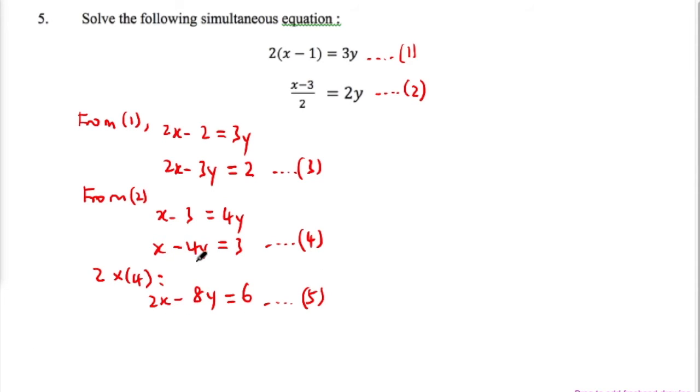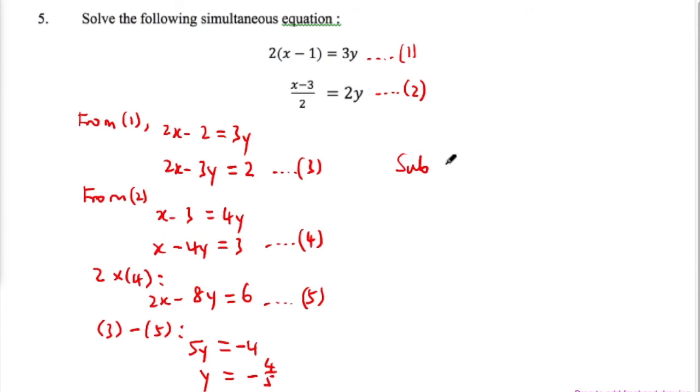Next, I take equation 3 minus equation 5. We have 2x minus 2x is 0, and 3y minus negative 8y gives us 5y. And here we have 2 minus 6 is minus 4. Simplifying, we have y equals negative 4 over 5.